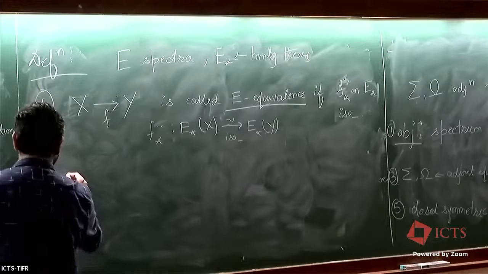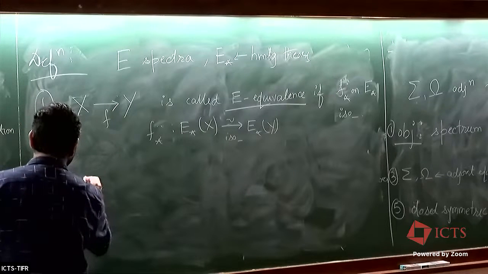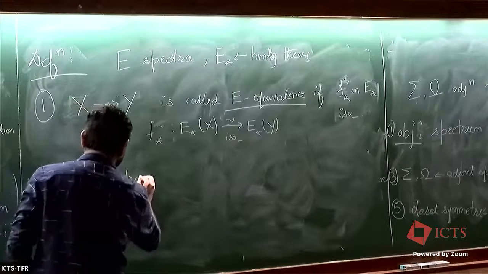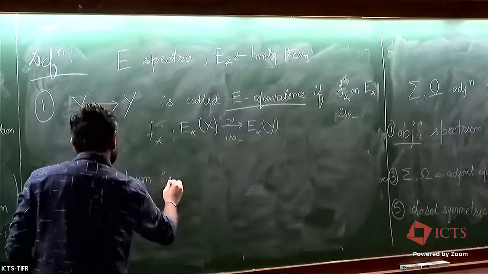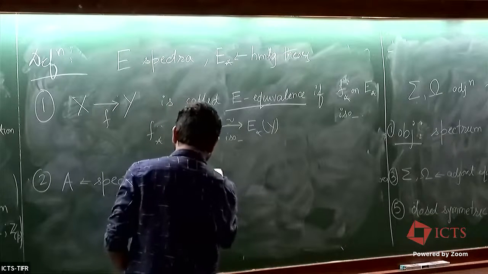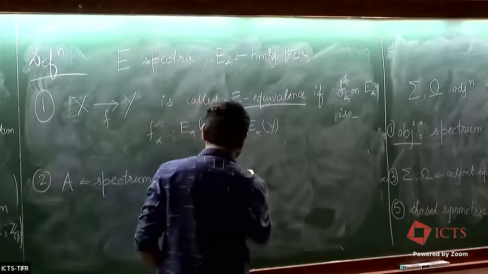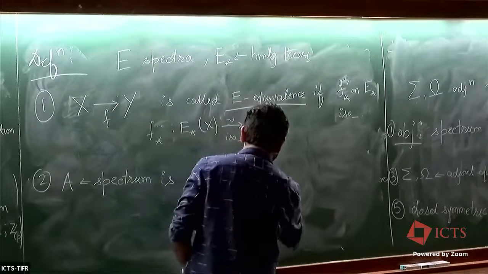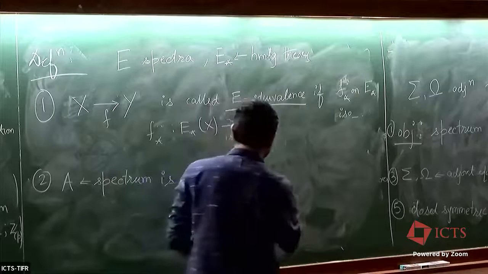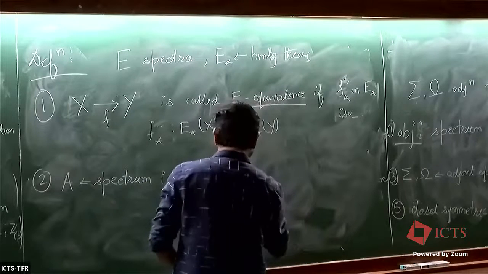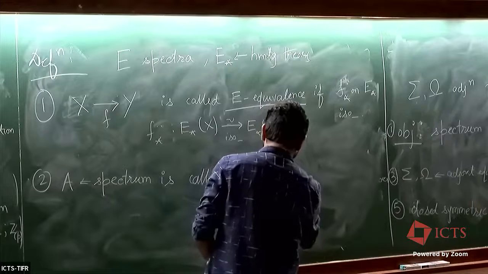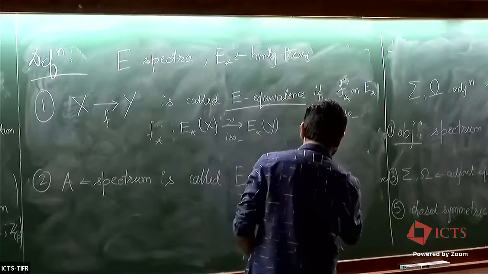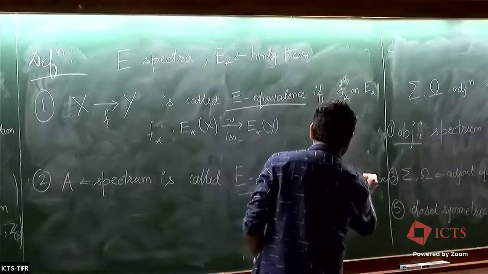And second, a spectrum A, an object in this category, is called E acyclic. Like for spaces, acyclic objects are nothing but those whose homology groups are 0. So A is called E acyclic if E star of A is 0.